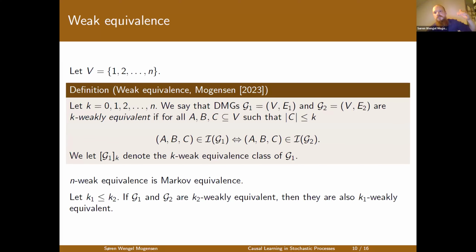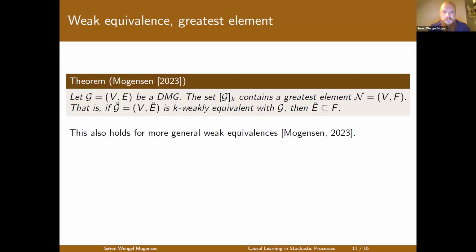And one can then prove a very nice characterization of these k-weak equivalence classes, because starting out, we don't know what these k-weak equivalence classes look like. We somehow want to take our tests of Granger non-causality and then output the set of graphs that correspond to what we see in the data, but we also want to summarize that set of graphs.